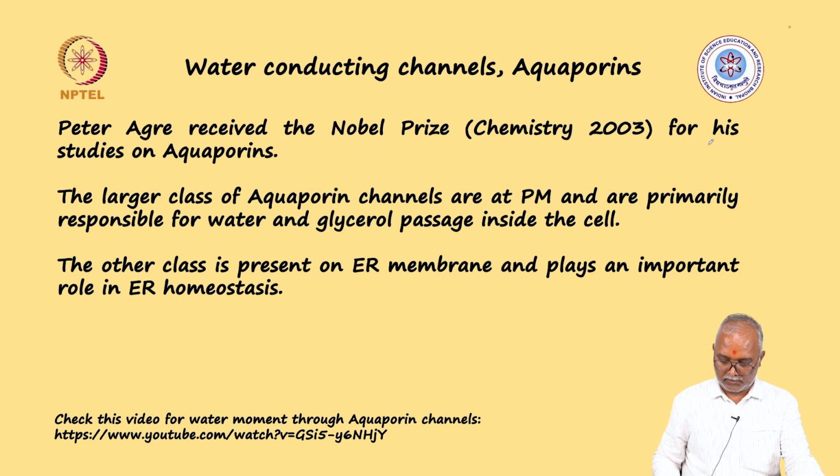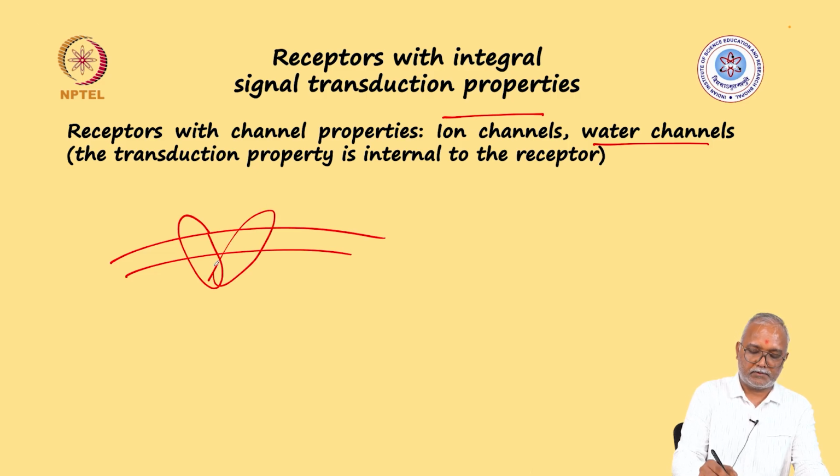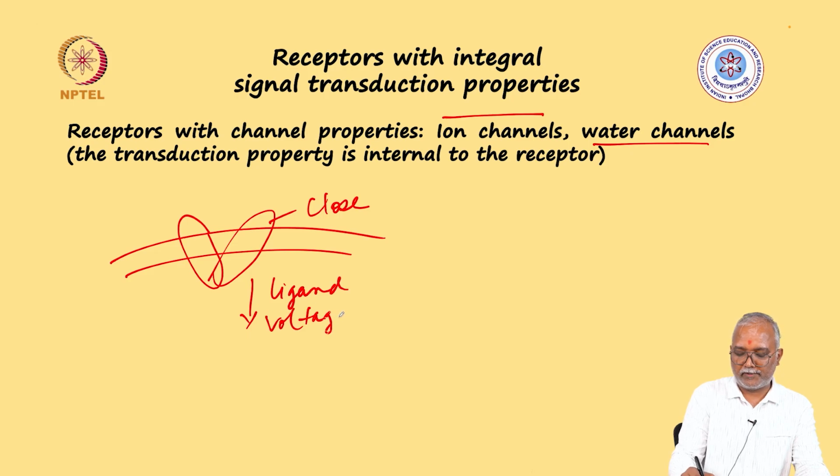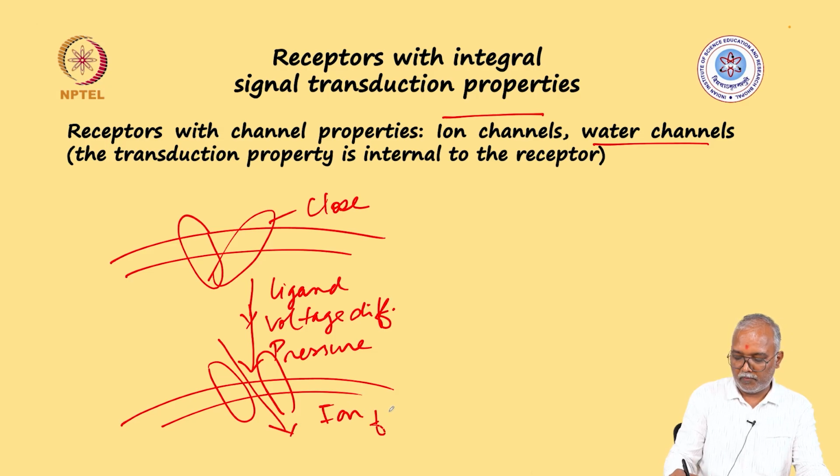What happens here is that we noticed in the previous class that ion channels of different types had a closed conformation when ligand, voltage difference or pressure, something like that, was applied, and in some cases the leaky channels acquired a conformation which was more of an open type, allowing the ion flow.